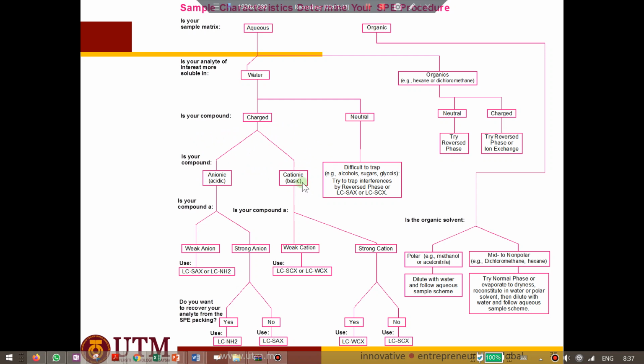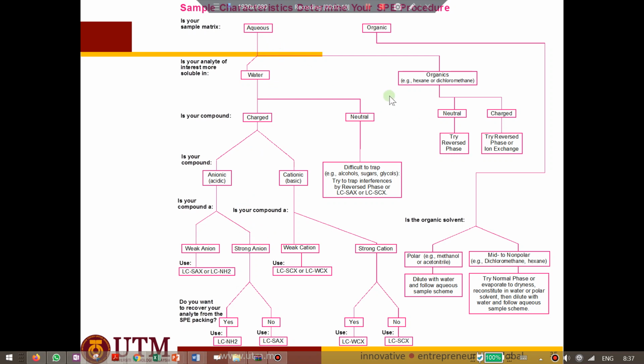Chloride is an anion, so you need to proceed with the anionic method. Then if your analyte is a very weak anion, you need to use this one. If you have a strong anion, you need to use this one. You don't need to remember a lot of things, but you need to know perhaps the basics. If your analyte is aqueous and also ionic, what kind of SPE sorbent do you need to choose.